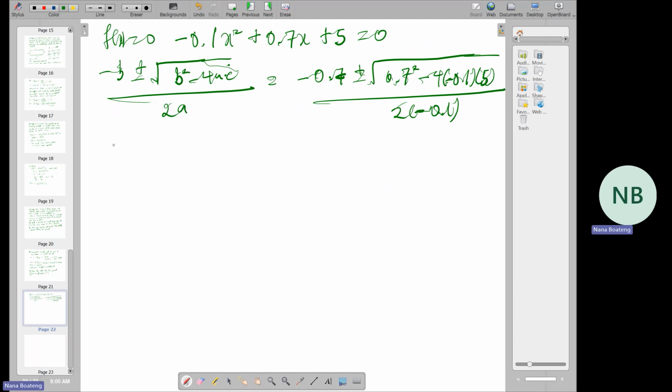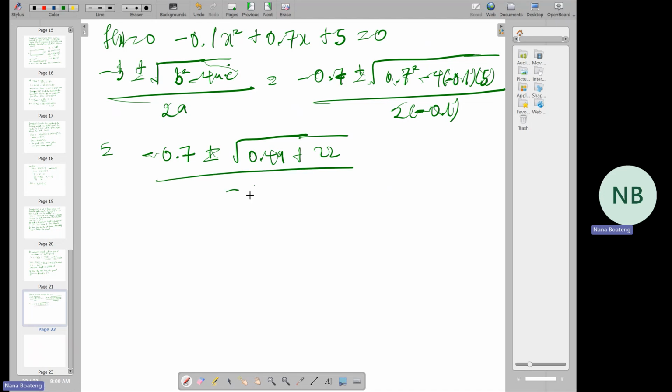And so this equals minus 0.7 plus or minus square root of 0.49 plus 2 all divided by minus 0.2.